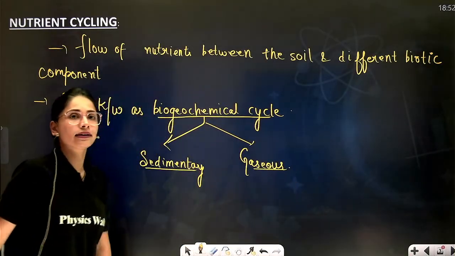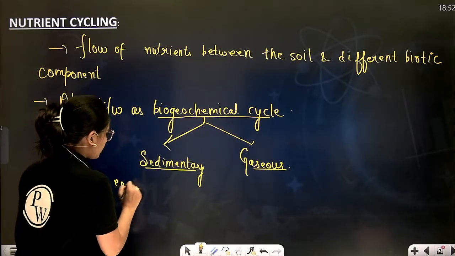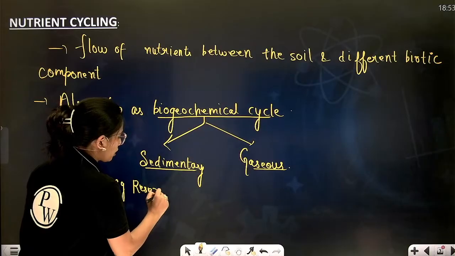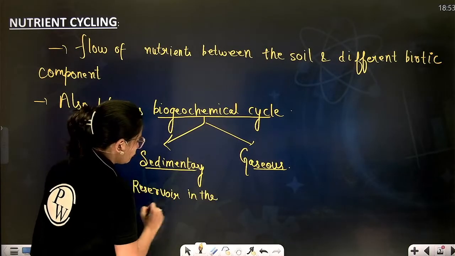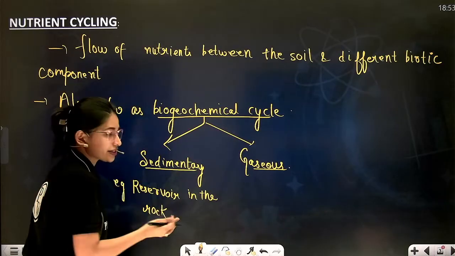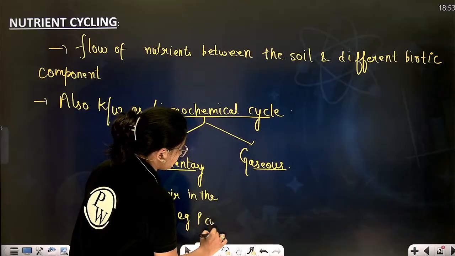Sedimentary nutrient cycles are those whose reservoir is in the rock. Reservoir in the rock, that means from where the nutrients will get replenished, it is actually the rock. Like for example, phosphorus cycle.